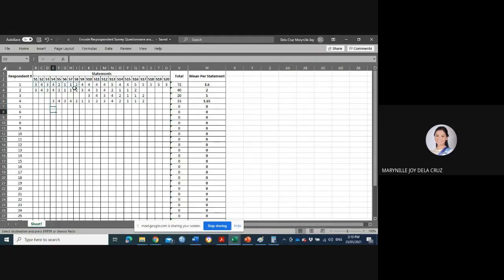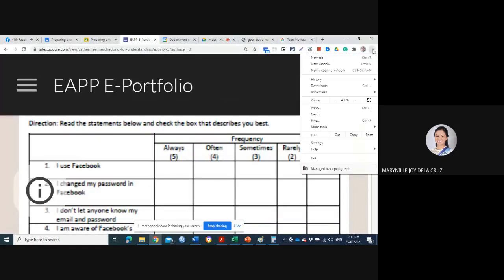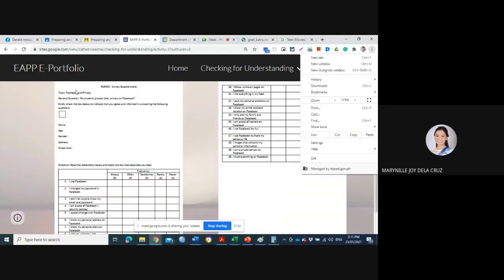Why only 5, 4, 3, 2, 1? Because your statement only has options 5, 4, 3, 2, 1. The topic of Miss Umiten is privacy and Facebook.